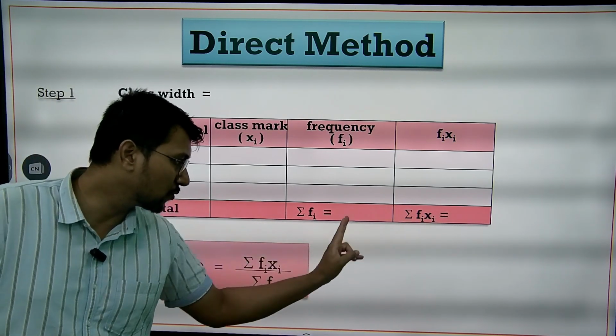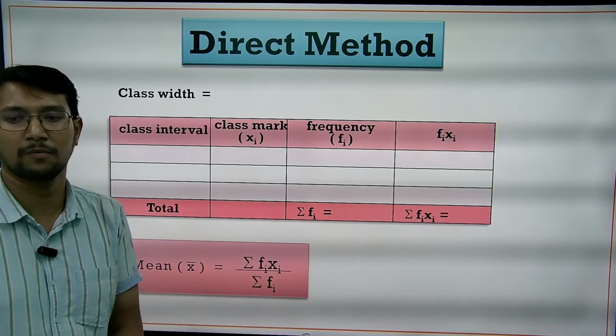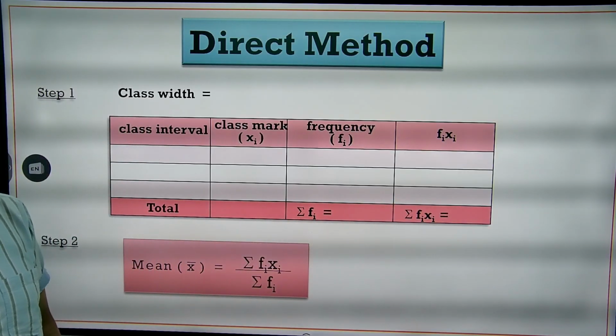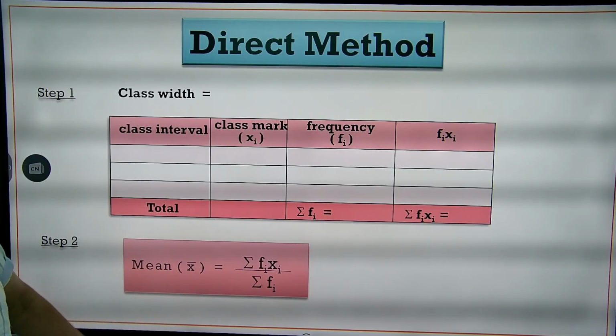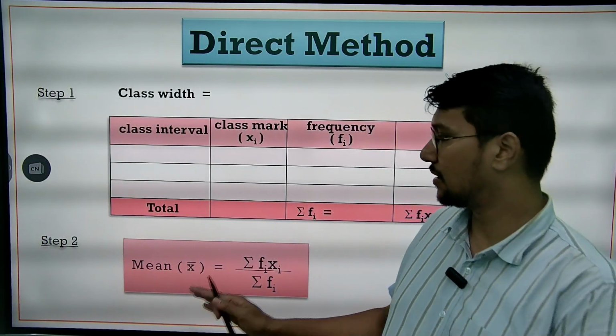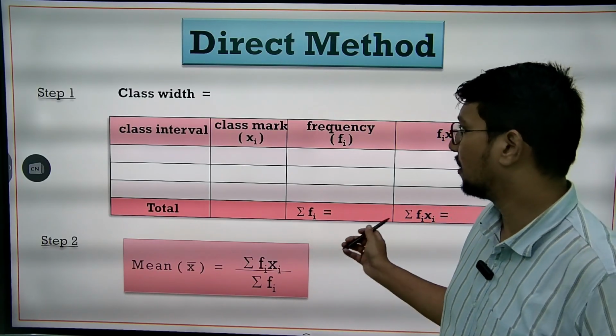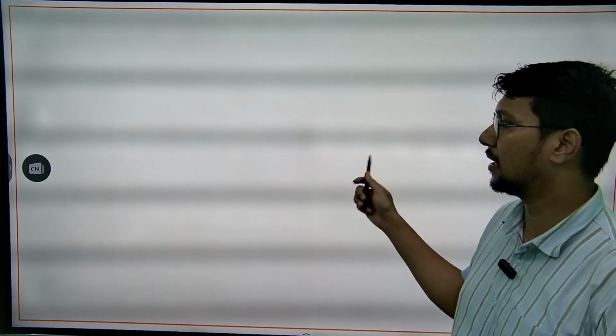Whatever two values you get, by dividing this one with this, you will get the mean of the data. This is step 2. Clear, everyone? I think we discussed this much in the last class.